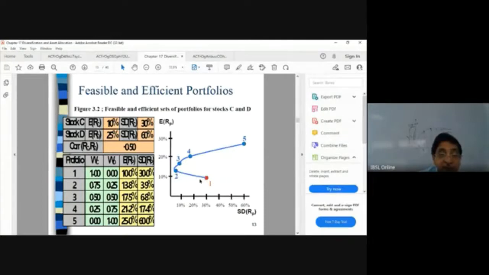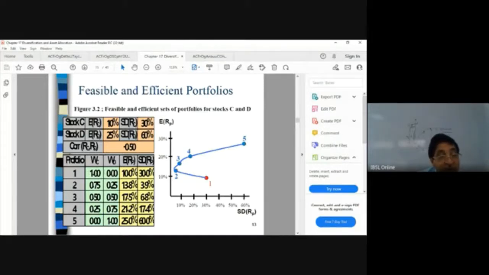They put it as 1, 2, 3, 4. Here it says feasible and efficient sets of portfolios for stocks C and D. We create a portfolio with different weights of C and D. Here the weight is 100% and here 0.